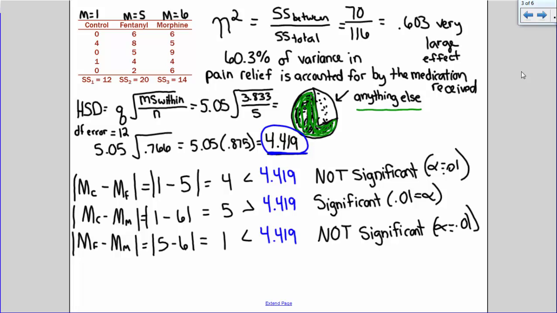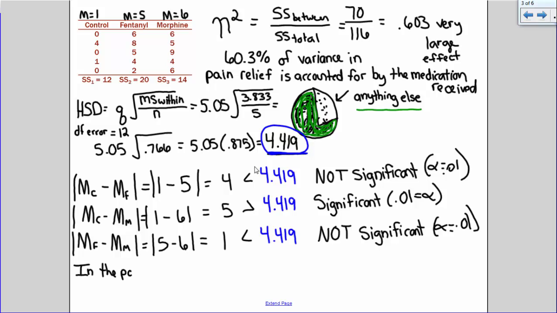Now, if you were asked to describe this in plain English, you could look at this and you could say, okay, there's no difference between no drug at all and fentanyl. And there's no difference between fentanyl and morphine. So really, the only difference exists between the control group and morphine. So, in plain English, we could say, in the population, right? Because that's what these results are supposed to extrapolate to.